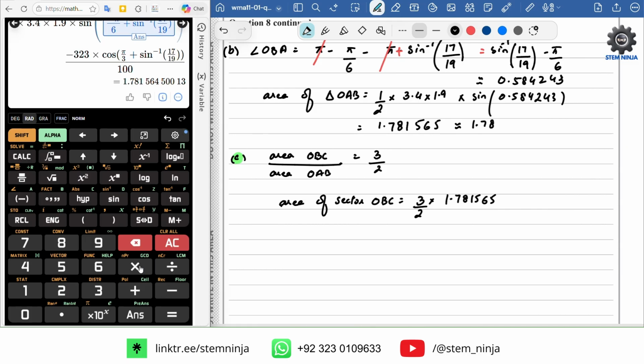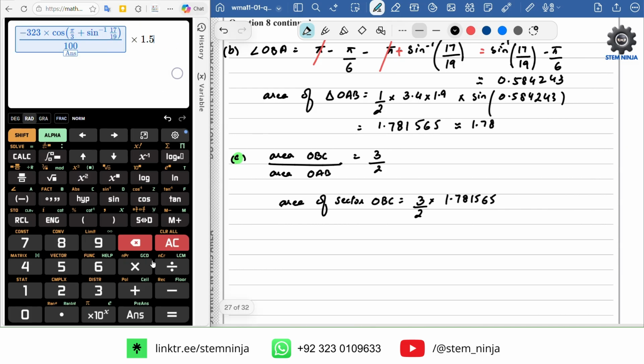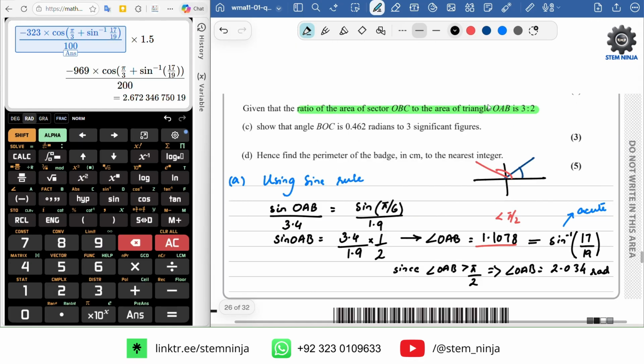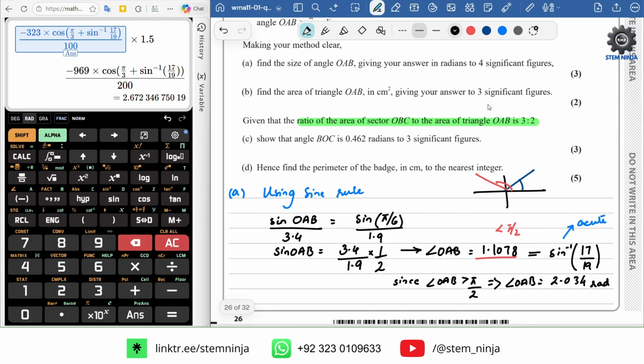So this times 1.5, you get 2.672347. Okay, so these are intermediate answers. We need them in more decimal places, more significant figures.